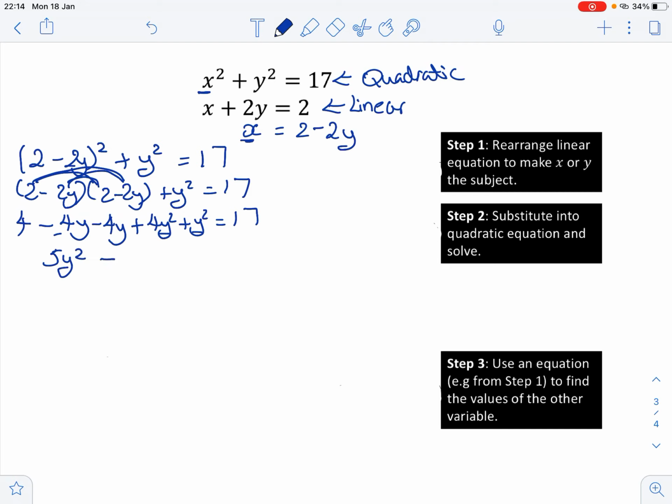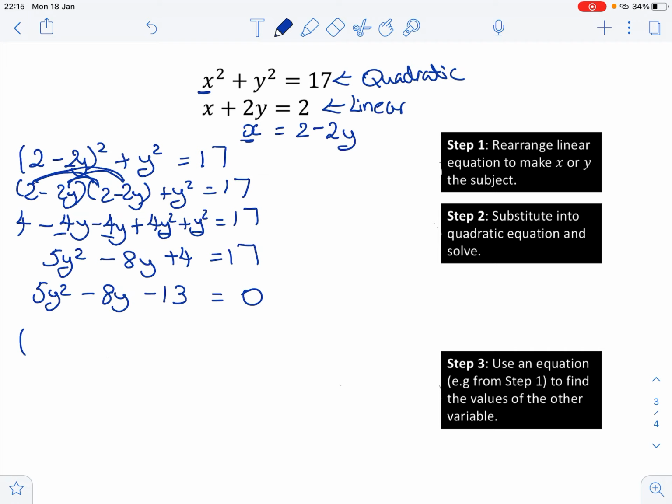Then minus 4y minus 4y is minus 8y. Then plus 4 equals 17. So I have 5y squared minus 8y plus 4 minus 17, which is minus 13, and it equals 0.